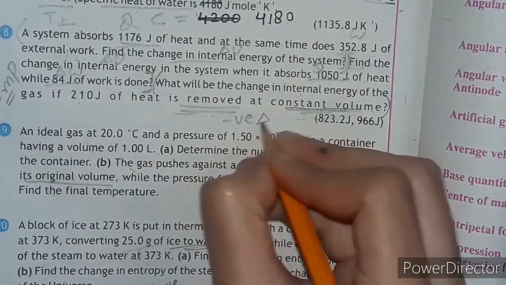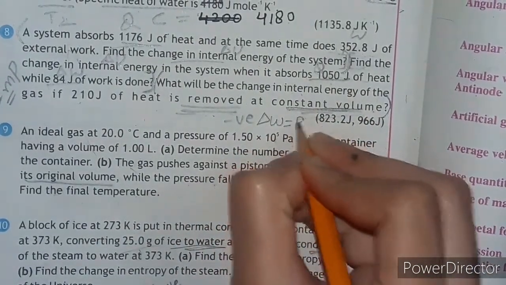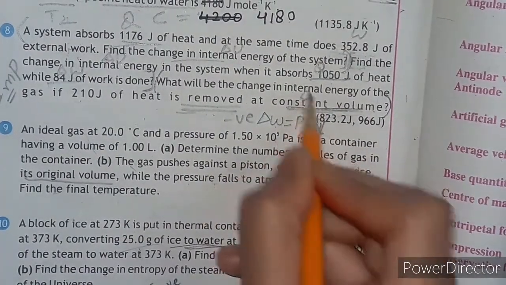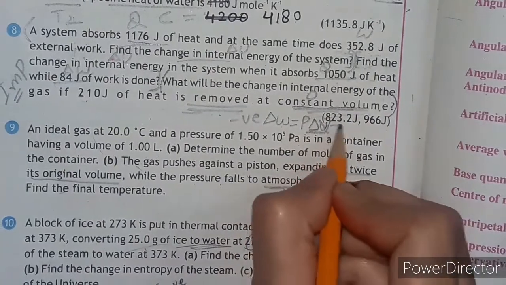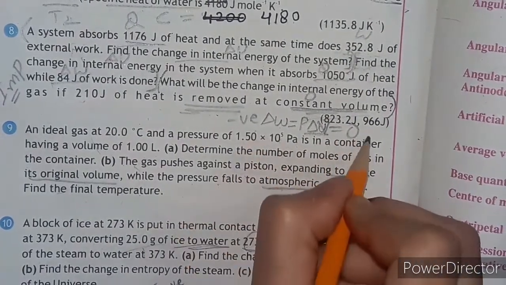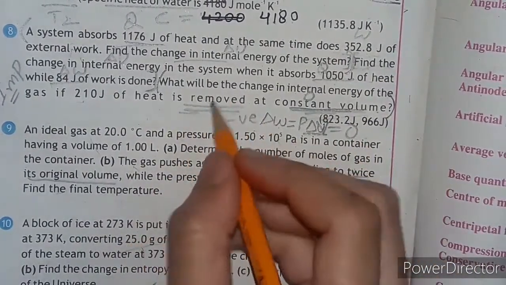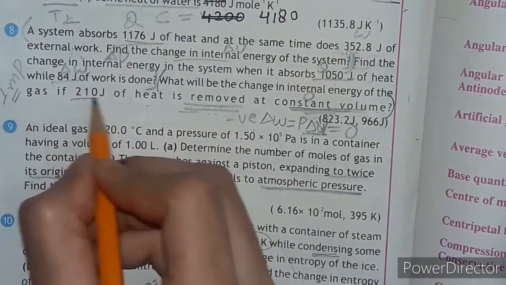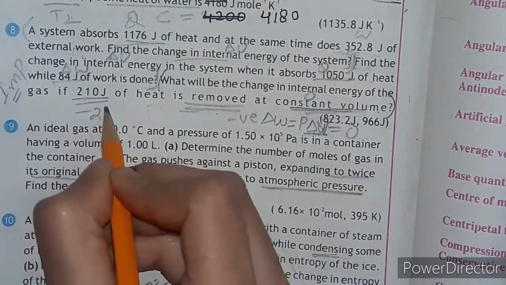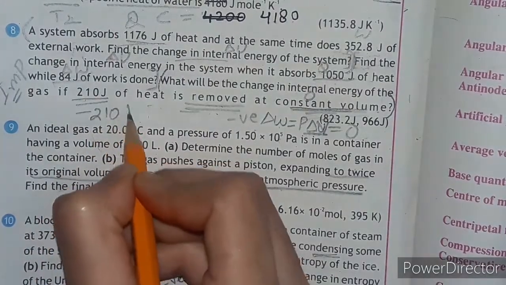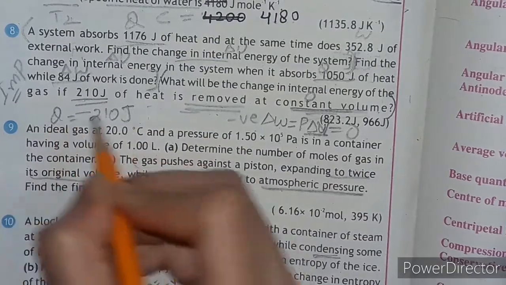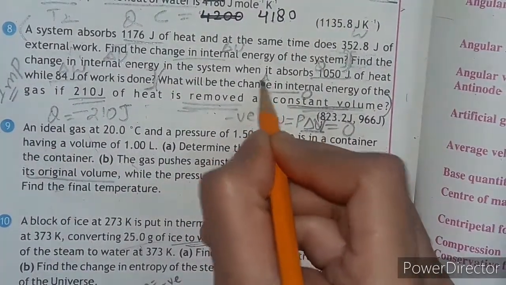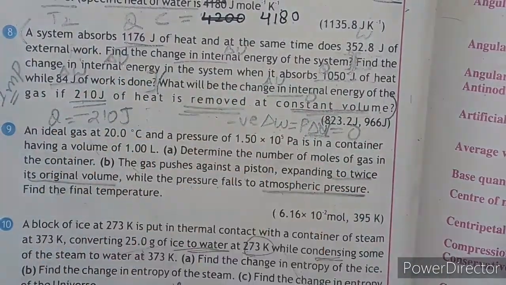Constant volume means del W is equal to P del V. Volume is constant, meaning change in volume is 0, so this whole equation will be 0. So work done is equal to 0, and the heat is removed, which will be with a negative sign, minus 2110 joule of heat, and the work is 0. We have to find the change in internal energy.